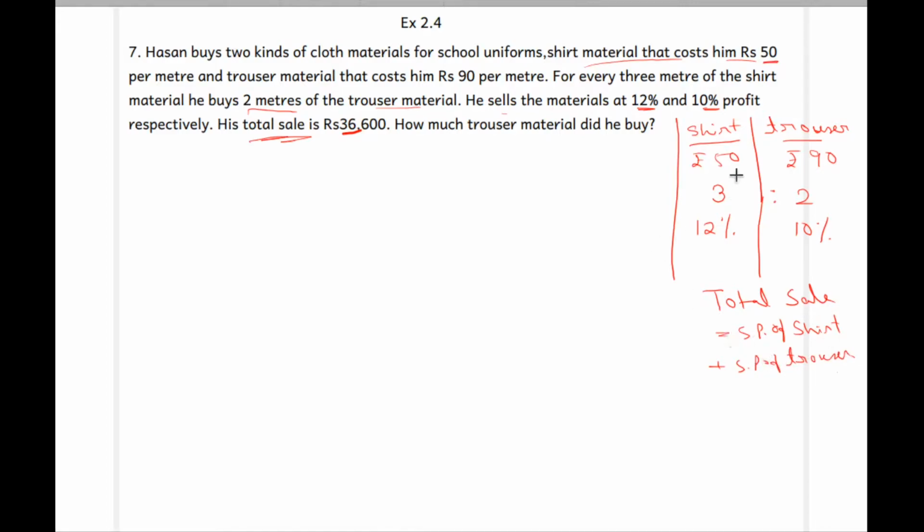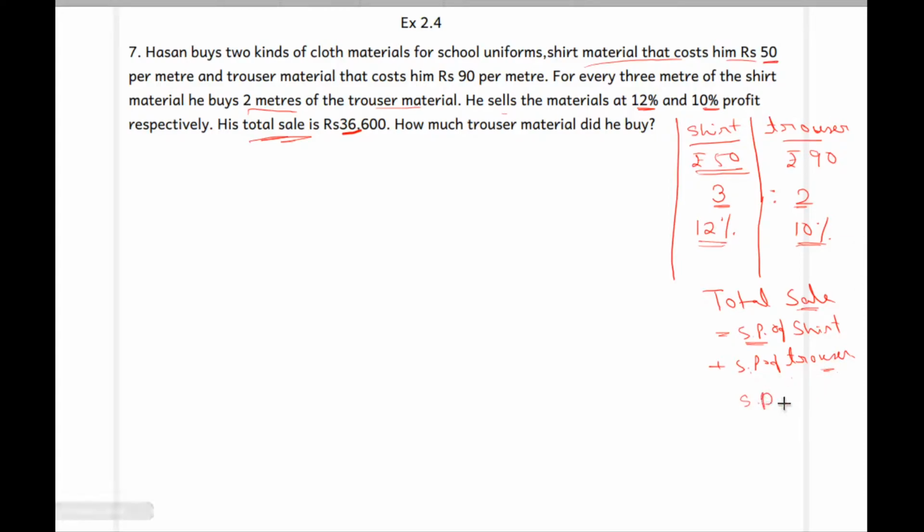Now see, here the cost price of shirt per meter is given. How much material he bought is given in ratio form, and the profit percentage is also given. The last clue is the total sale, which means selling price of the shirt plus selling price of the trouser. That means finally we have to find out the selling price of each of the materials.